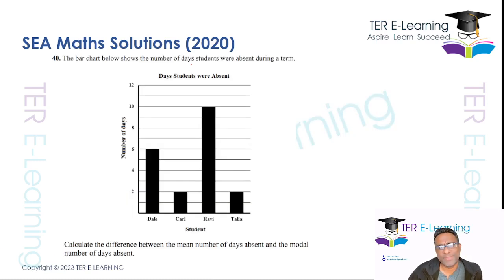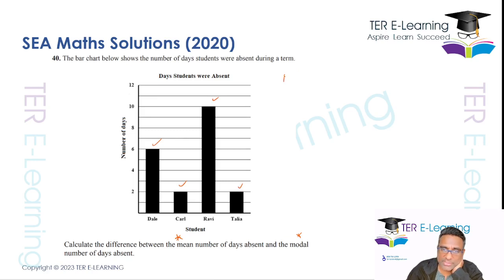Question 40. We have a bar chart and it shows the number of days students were absent in the term, right? So we have Dale, Carl, Ravi, and Talia. Calculate the difference between the mean and the mode, right? So the mean, we need to add up the number of absences for each one of them. So this one is 6, this is 2, this is 10, and this is 2.